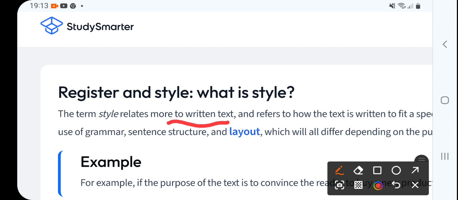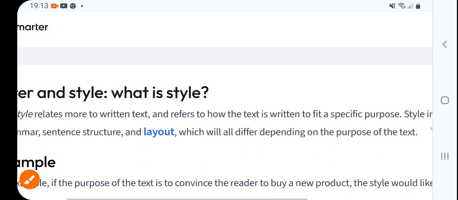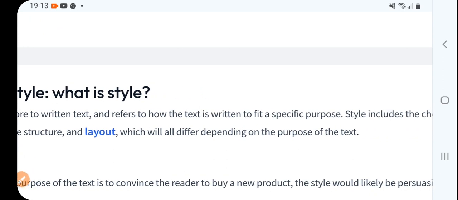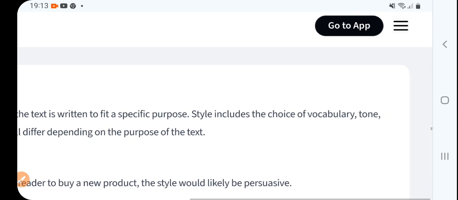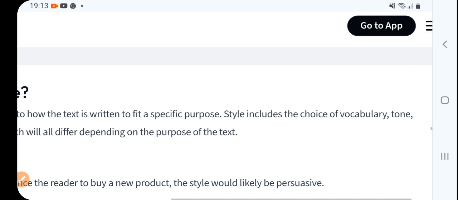Written text refers to how the text is written to fit a specific purpose, because writing style shows the specific purpose. Style includes the choice of vocabulary and tone, very important.